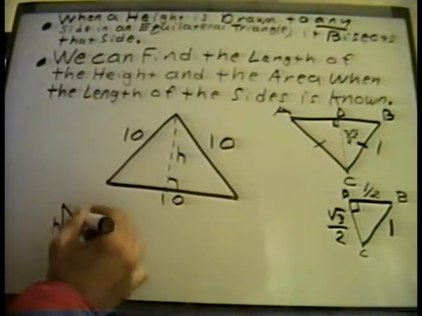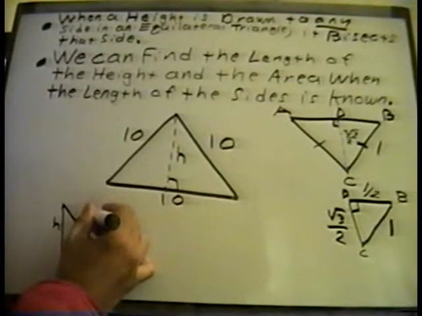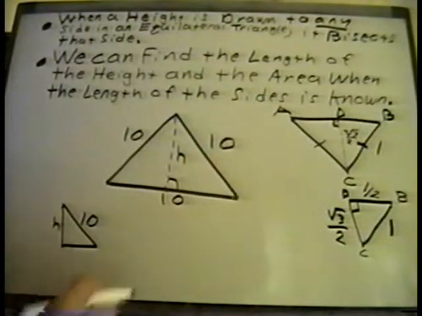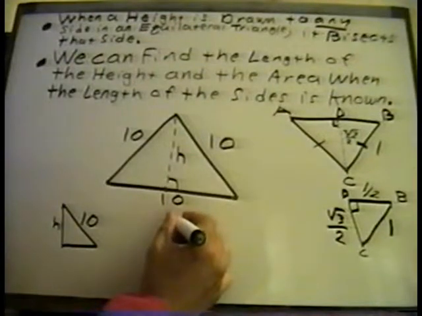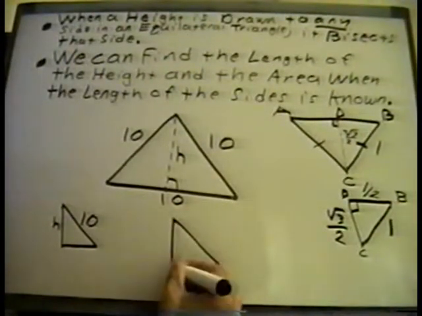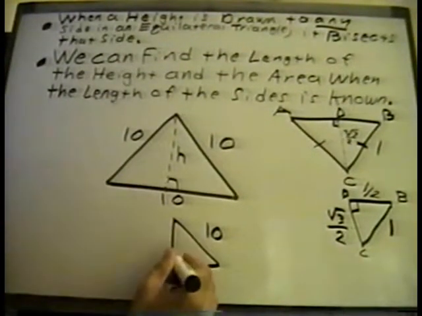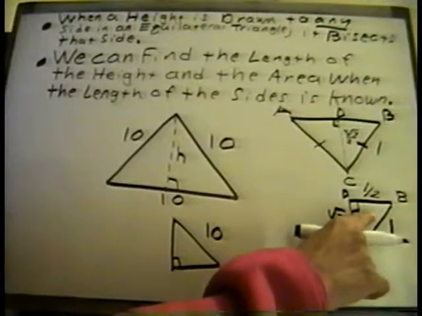Okay, now the side being 10, okay, now this side being 10, this side being the hypotenuse. Okay, now we draw your formula.